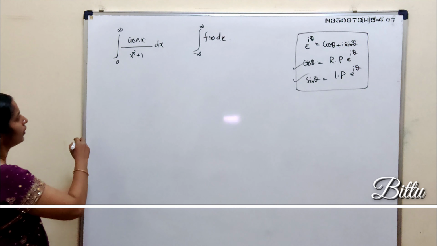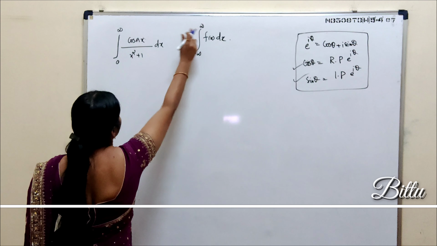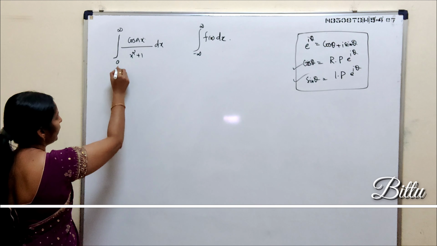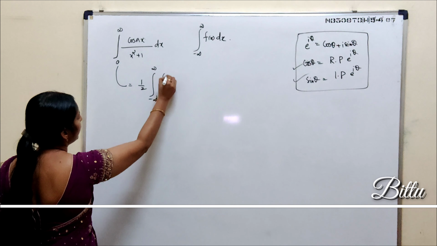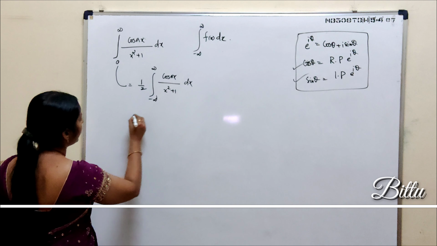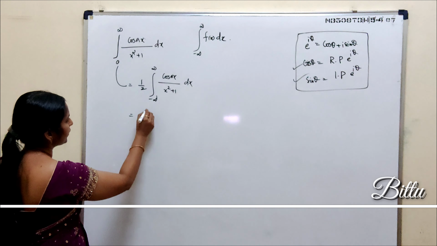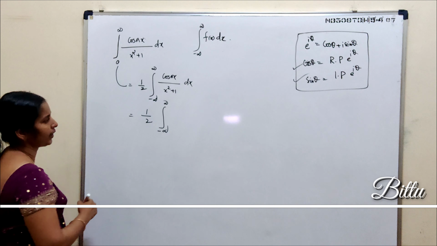So first you have to express it in the form integral minus infinity to infinity. The given integral is half integral from minus infinity to infinity of cos ax by x square plus 1 dx. Next you replace cos ax in terms of exponential function.